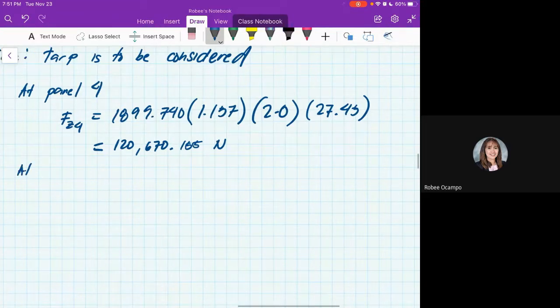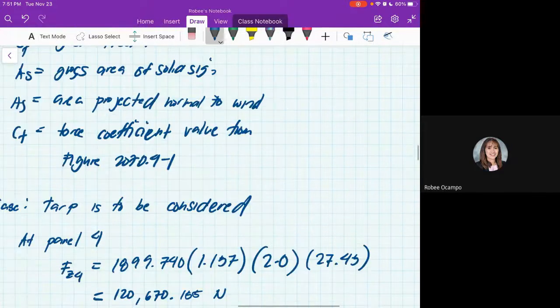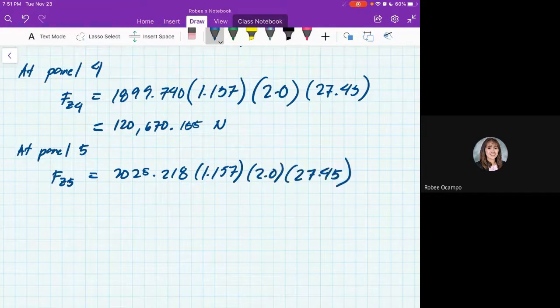Okay. So at panel 5, our FZ5 is 2,025.218 times 1.157 times 2.0 times 27.45.